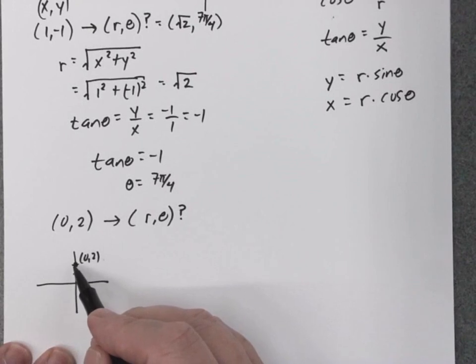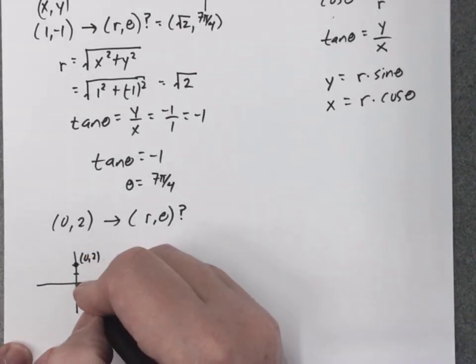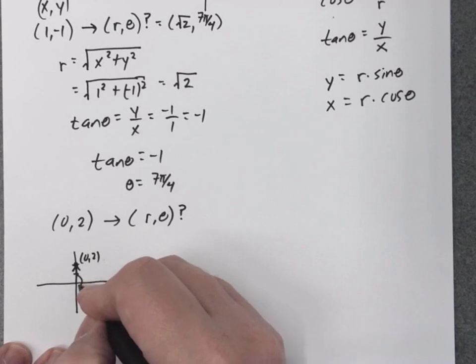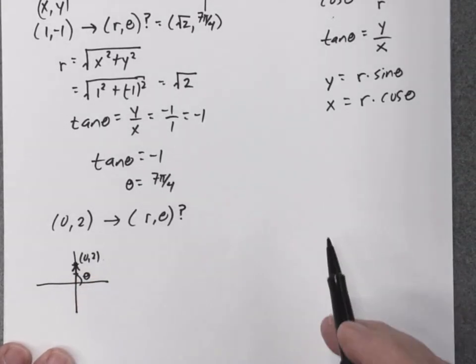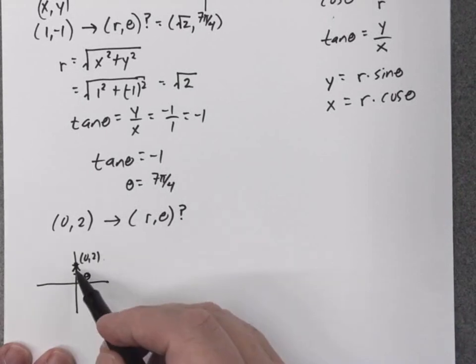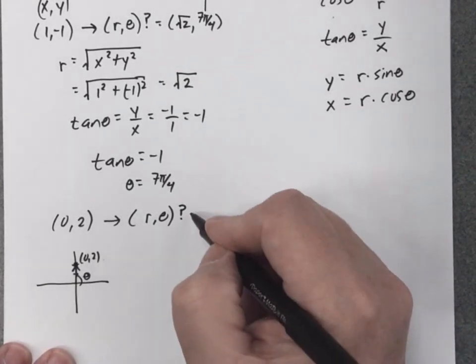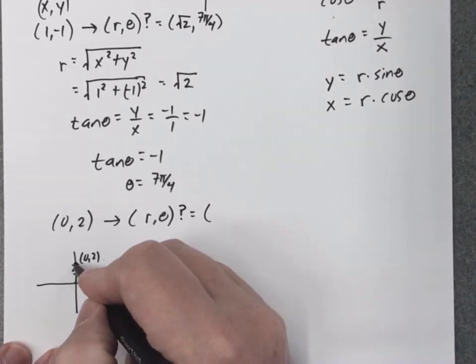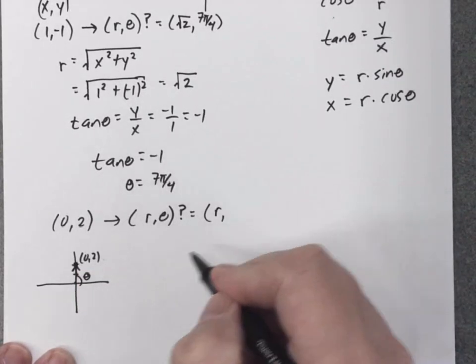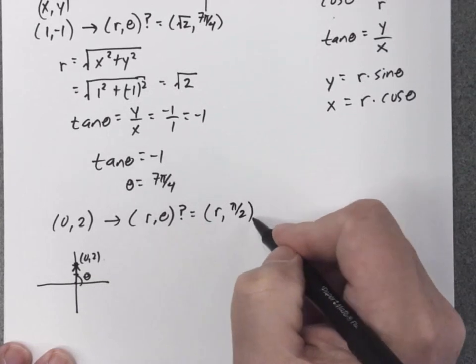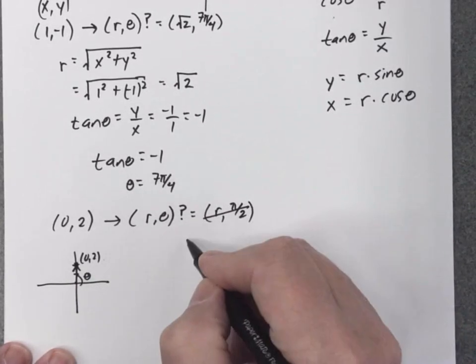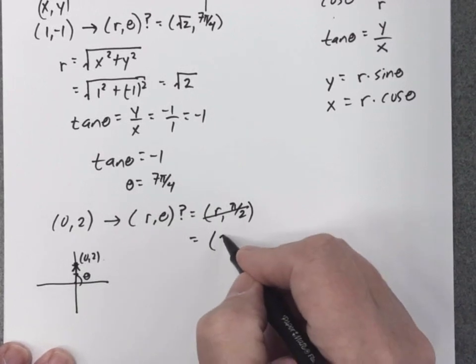If I'm trying to find the r and the theta for the polar coordinate, I don't need to use all these formulas because it's right here on the y-axis. Obviously r is 2, and what's this angle? Oh, sorry. I said 2, but I wrote r.